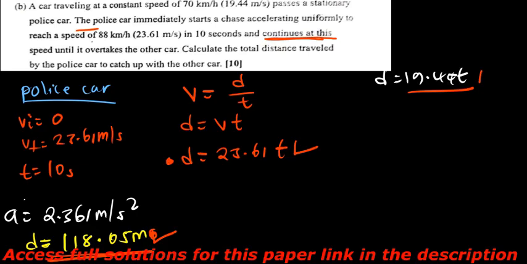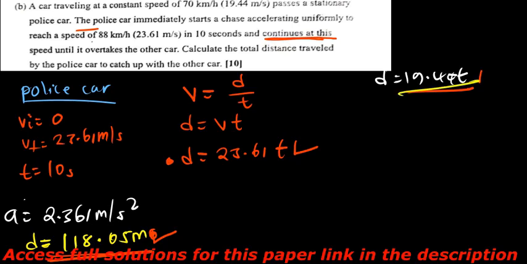So we know that the distance traveled by the police in just 10 seconds was 118.05. Then the distance traveled when it continued, now after that 10 seconds, is d equal to 23.61 times d. So this should be equal to that.